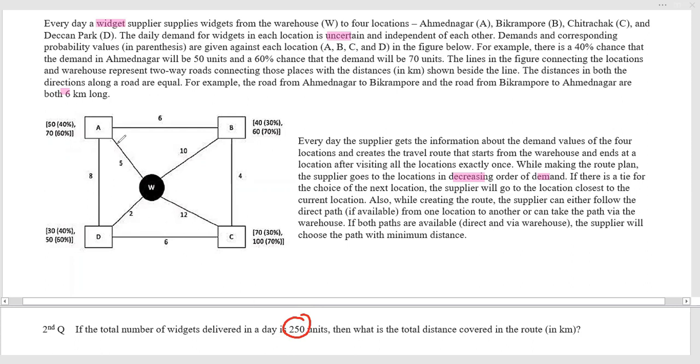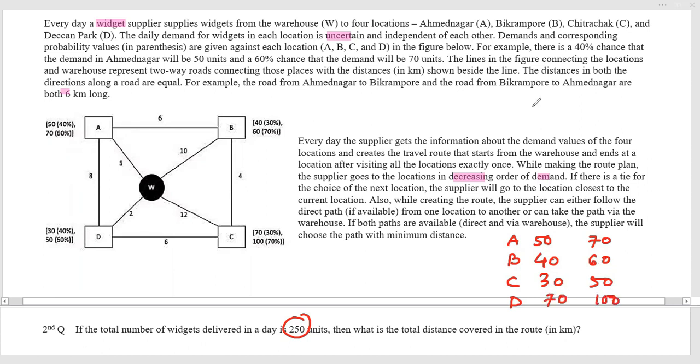Now, if I check the numbers, I can see A has two possibilities, 50 and 70. B, that is 40 and 60. C, that is 30 and 50. D, it is 70 and 100.